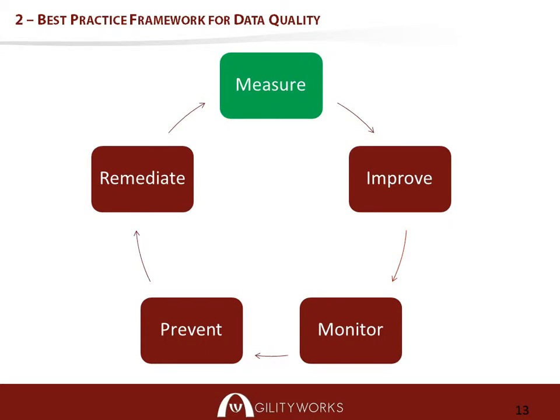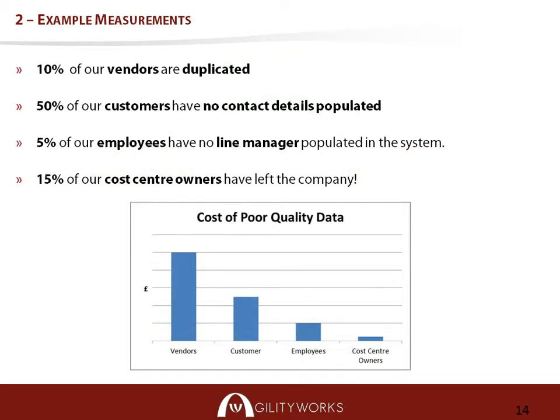So if we begin with measure, some simple measurements on the screen now. This is the kind of exercise I'm talking about, a profiling exercise that is going to point you and your organization to where the biggest hit is in terms of any project investment.